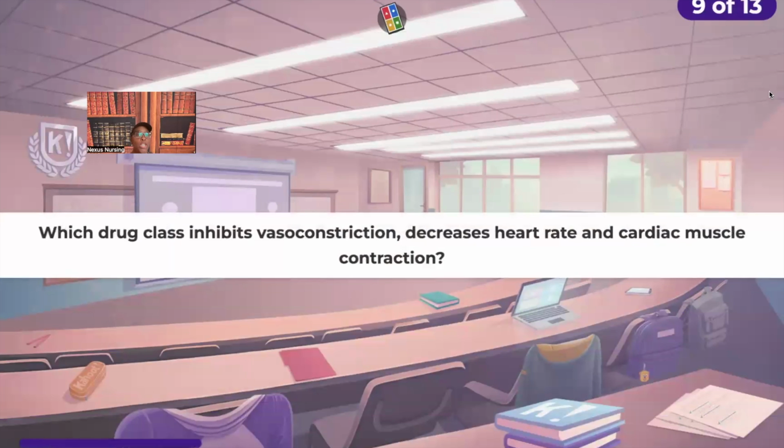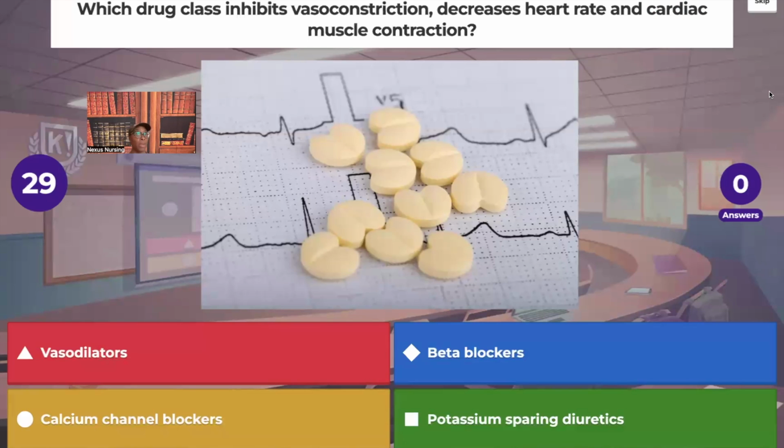Next question. What drug class inhibits vasoconstriction, decreases the heart rate, and decreases cardiac muscle contraction? Here are your options: vasodilators, beta blockers, calcium channel blockers, or potassium sparing diuretics. Again, this class of drug inhibits vasoconstriction and decreases heart rate and cardiac muscle contraction.